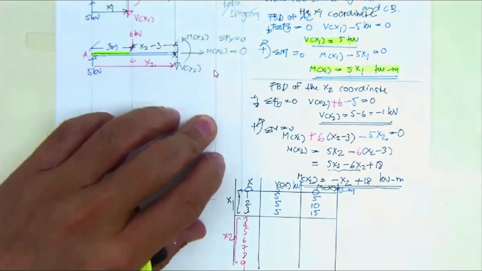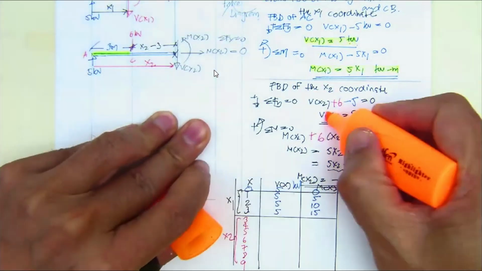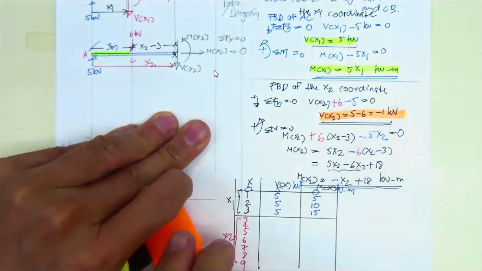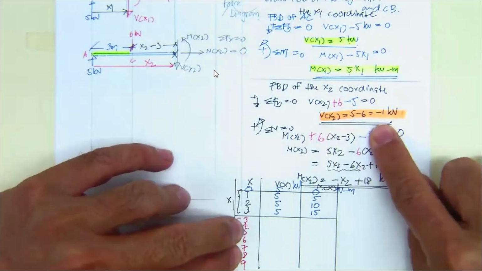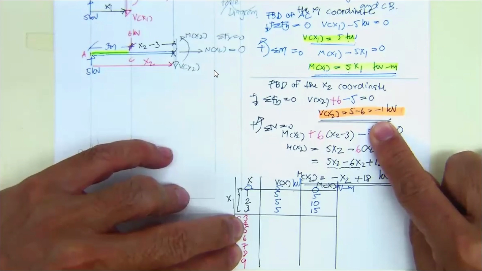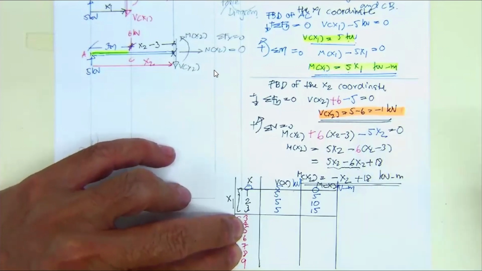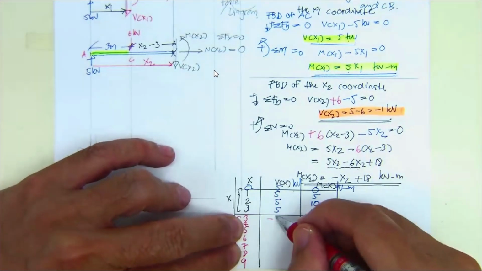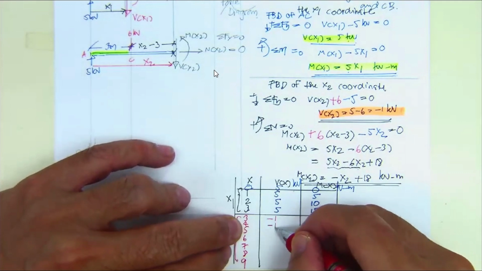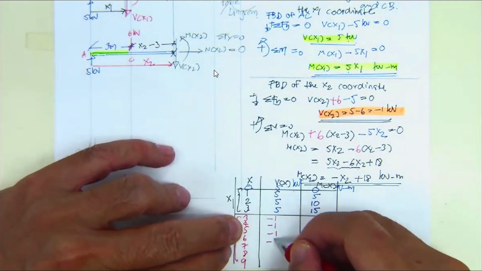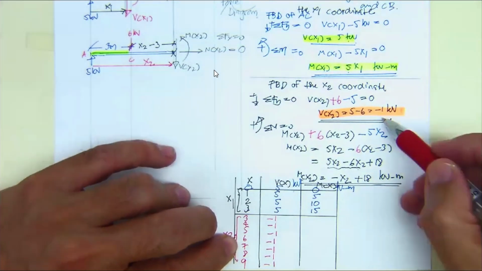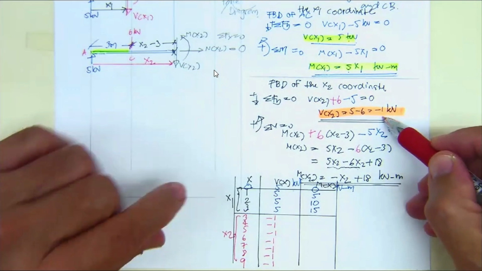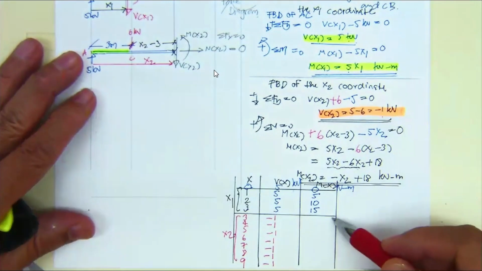Now, we have the second portion, V sub x2. No matter what x2 is from 3 to 9, the value of V is going to be minus 1. So minus 1 at 3, 4, 5, 6, 7, 8, 9. All constant.